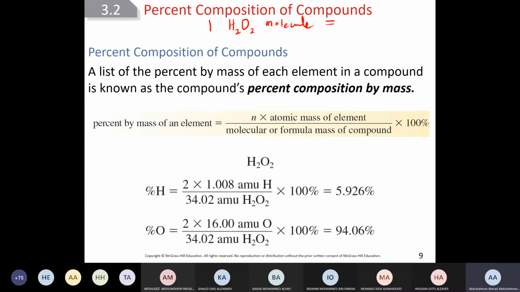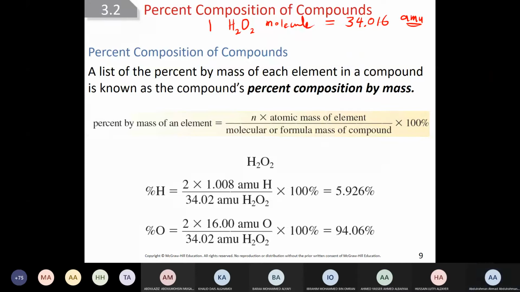What's the mass of this molecule? 34.016 AMU.